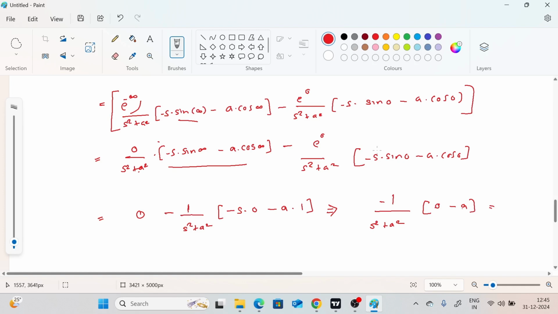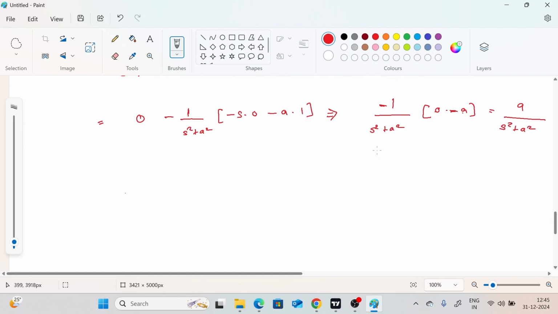Now minus and minus become plus, so the Laplace of sin at is a upon s square plus a square. So this is the value of the Laplace of sin at.